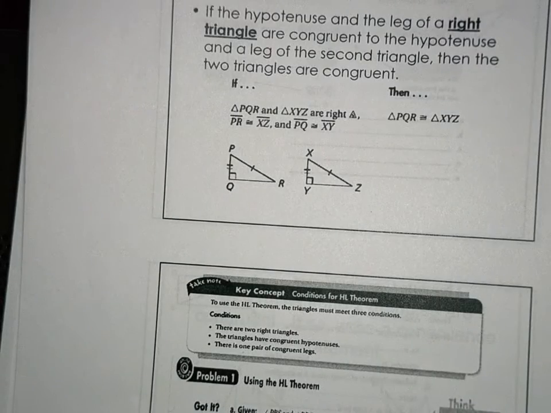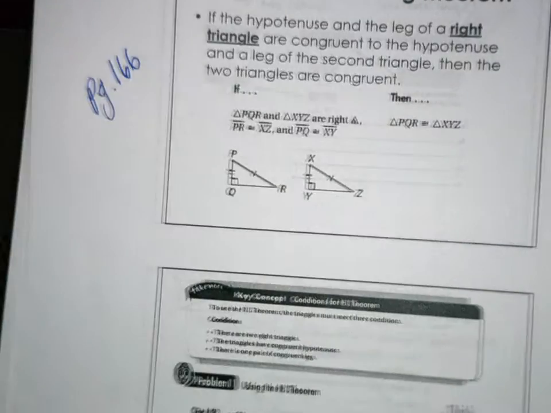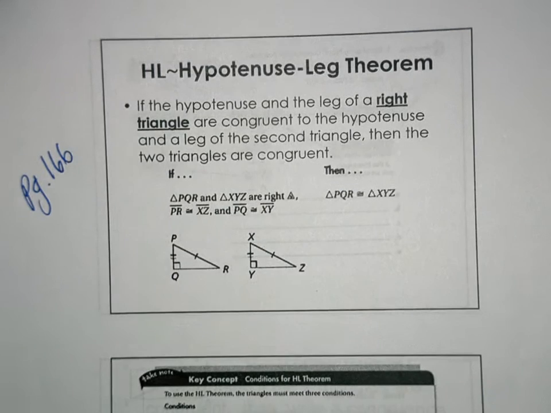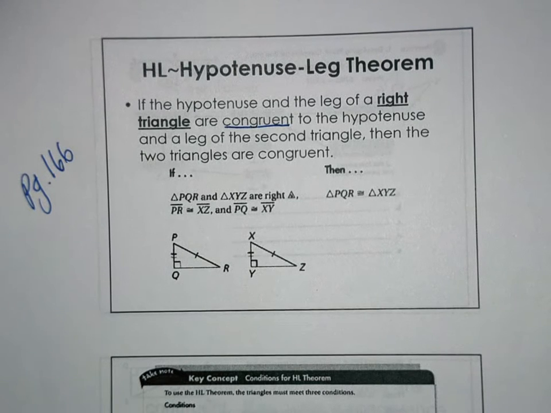So page 166. So we have the hypotenuse-leg theorem. If the hypotenuse and a leg of a right triangle are congruent to the hypotenuse and a leg of a second triangle, then the two triangles are congruent.